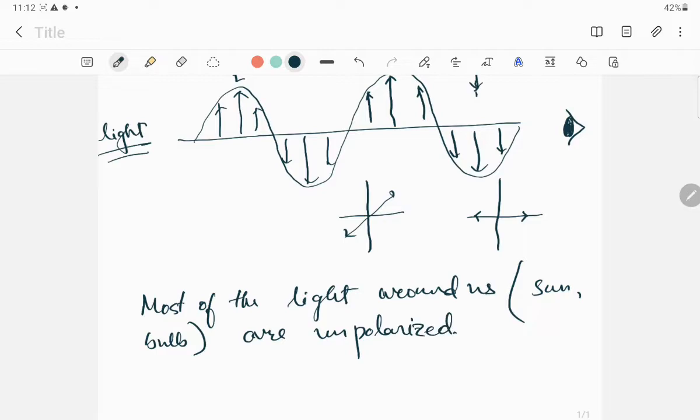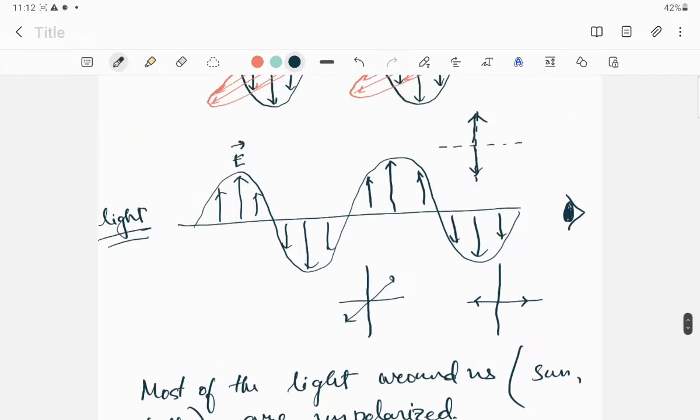At the very beginning I told you that light comes with an electric field vector, and a magnetic field vector perpendicular to it. Then I said that for simplicity of explanation I will consider only one component, the electric field component, and not the magnetic field component. But it is not that the magnetic field component is not there; it always accompanies the electric field vector.